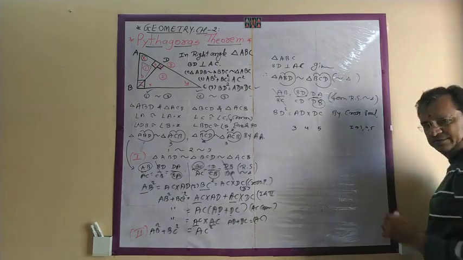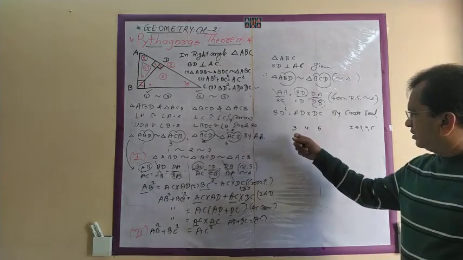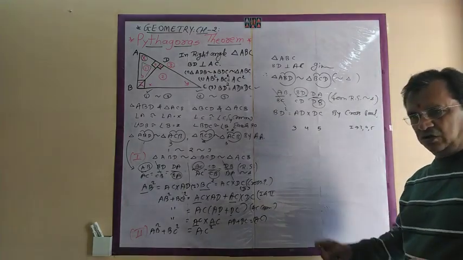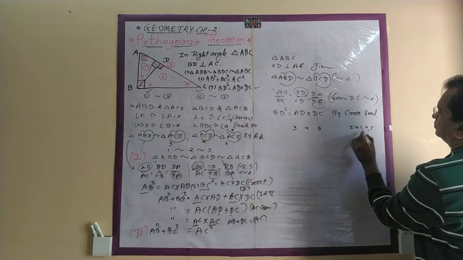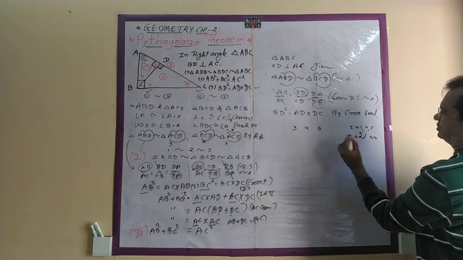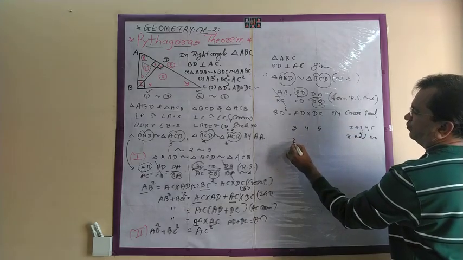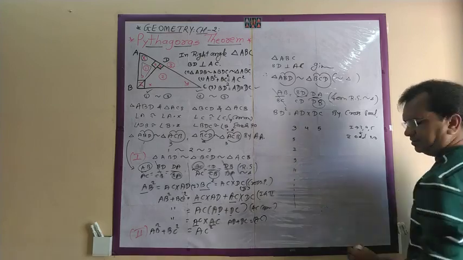Step number 2, write odd numbers in the first column: 3, 5, 7, 9, 11.